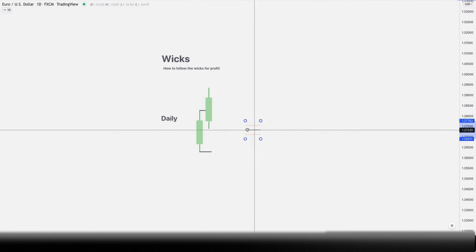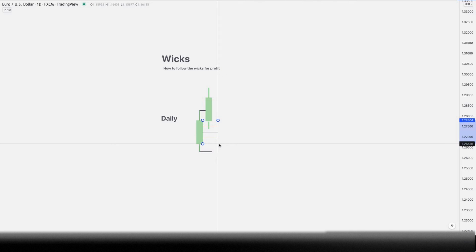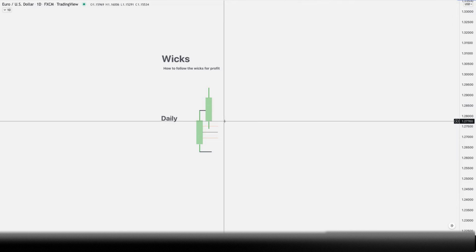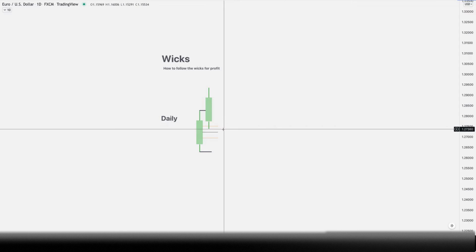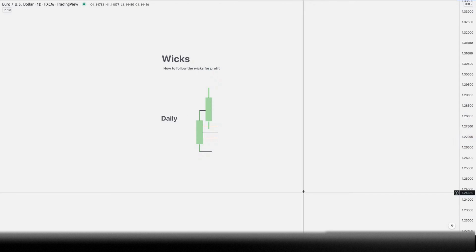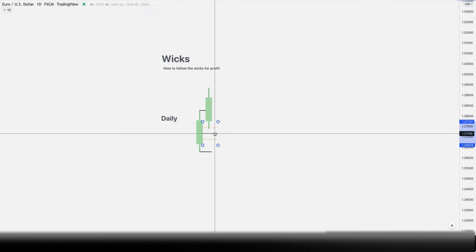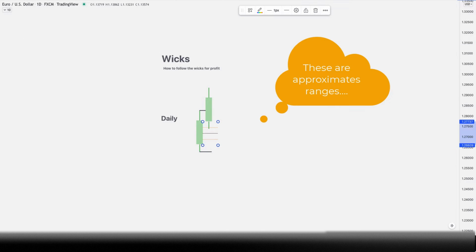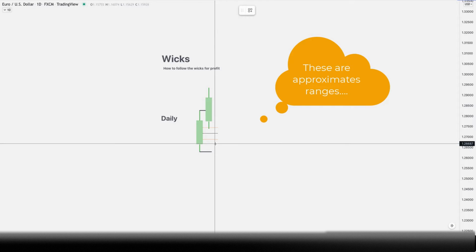Inside of this candlestick range, you will typically have price come back and tap around the 25%. I think this is set at 25%, yeah. It'll tap the 25%, potentially the 50%, or 75%, or the entire candle body range.